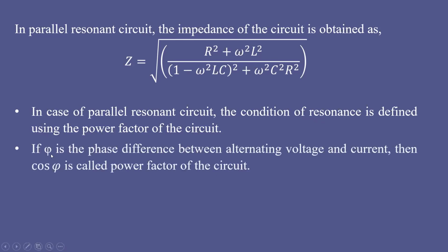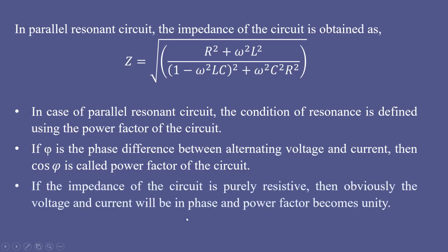The power factor is defined as cos phi, where phi is the phase difference between alternating voltage and current in the phasor diagram. Power factor is defined as the cosine of the phase angle between voltage and current.